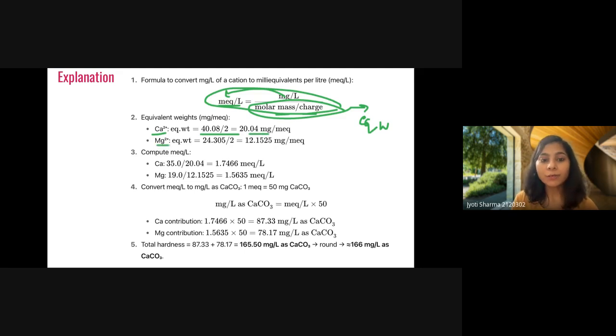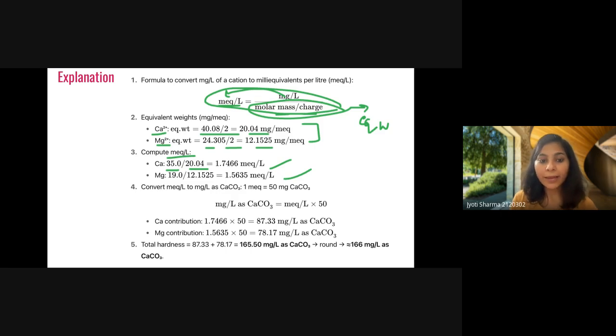For magnesium, this is 24 by 2, which is near to 12. So these are the equivalent weights. Then we want to convert it into milli equivalent per liter, so whatever value we had in mg per liter, divide by this equivalent weight. This is how we have converted into milli equivalent per liter.